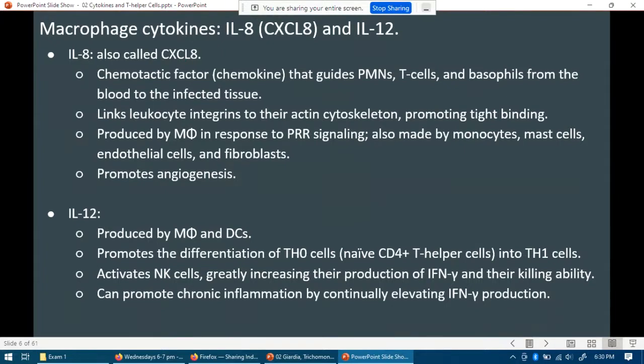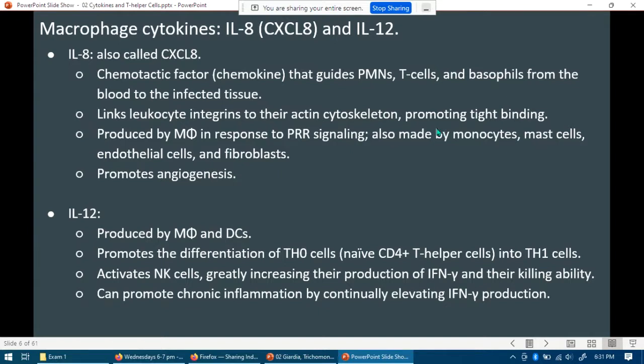And then we have IL-8, also called CXCL8, which is a chemokine or chemotactic factor. It guides neutrophils, T cells, and basophils from the blood to the infected tissue. IL-8 also helps strengthen adhesion proteins on leukocytes. It links integrins to the actin cytoskeleton, which helps promote tight binding.